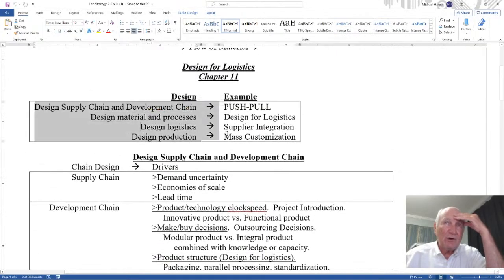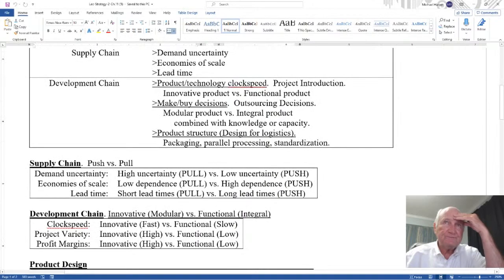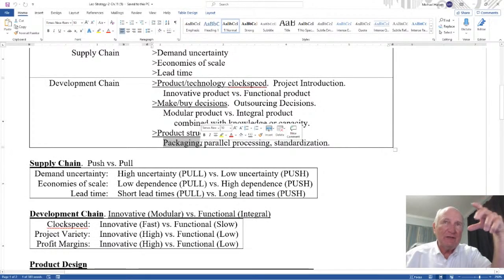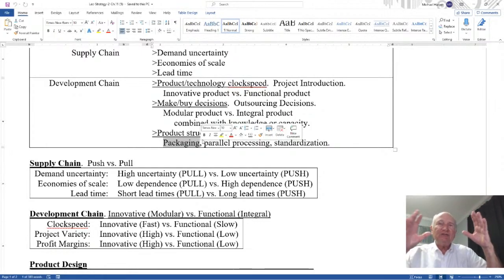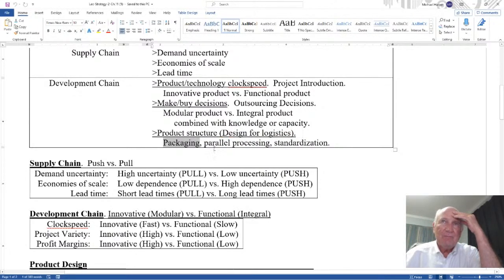Design your material, or design for logistics: the packaging, and that's going to be the material. Package it so you don't have rounded shapes or crazy lengths where they can't stack. You want nice squares you can stack a lot of for distribution, and if you can get more product in a smaller space, that's going to lower cost and increase efficiency. Parallel processing, there's your production.